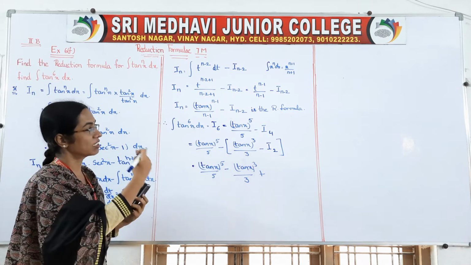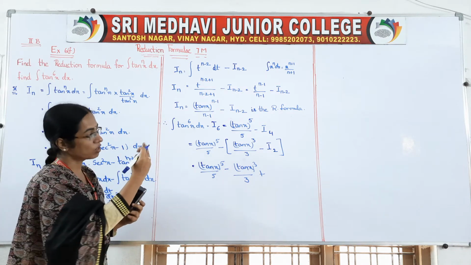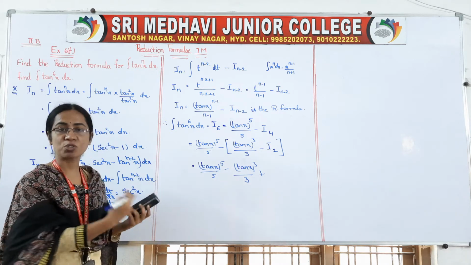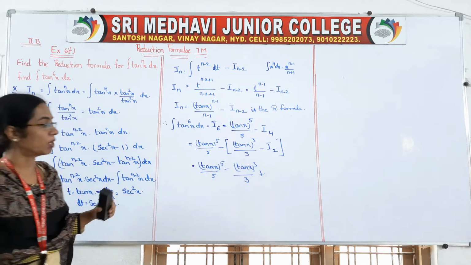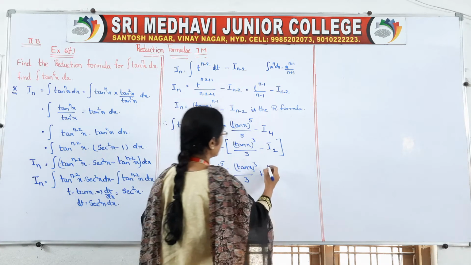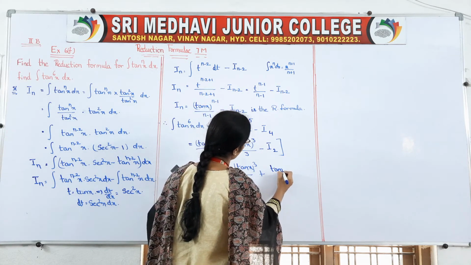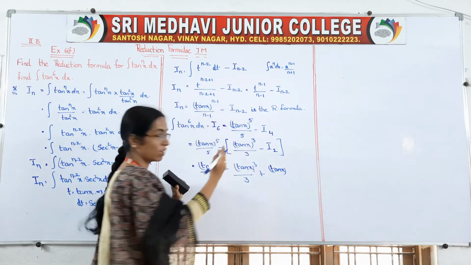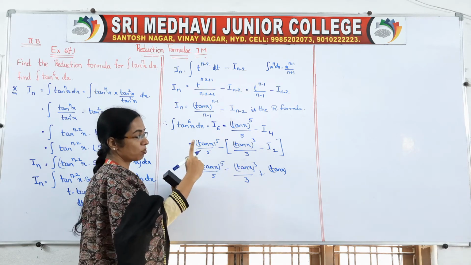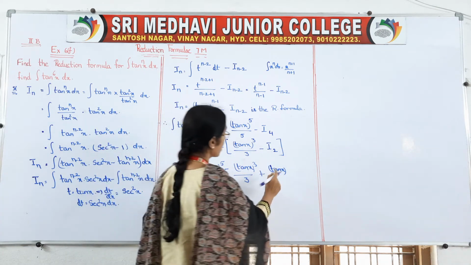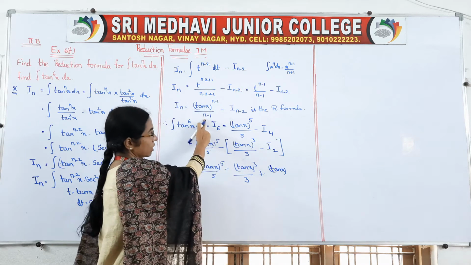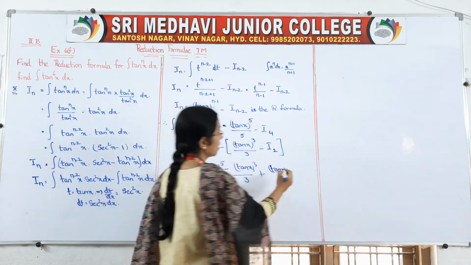First we substituted 6 in that formula, then we substituted 4, now we have to substitute 2 in that formula, right? So it is tan x to the power of 2 minus 1, that is 1, so tan x to the power of 1 means tan x only, by 1, right?